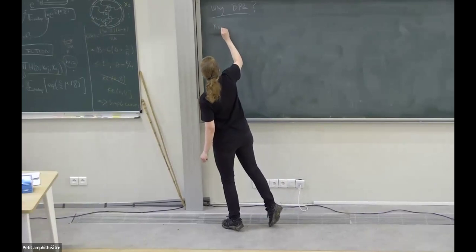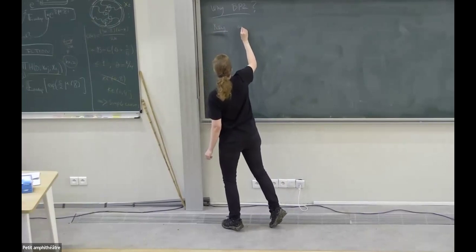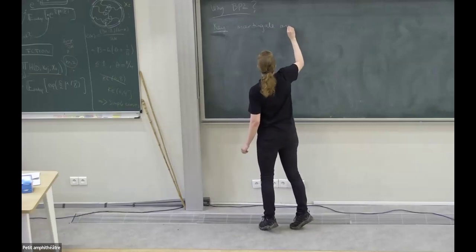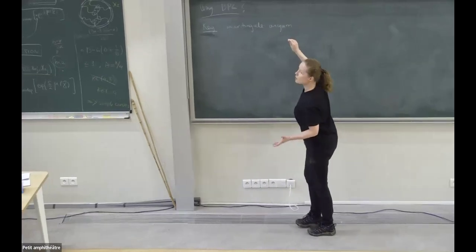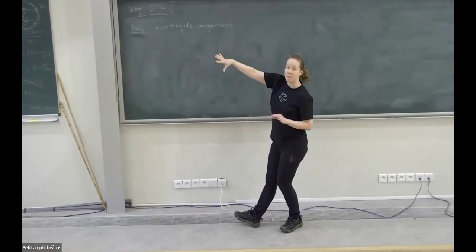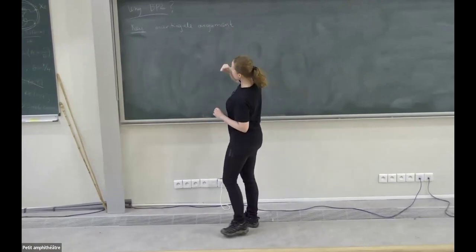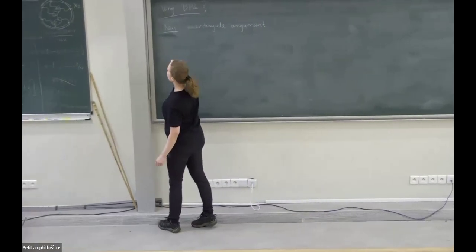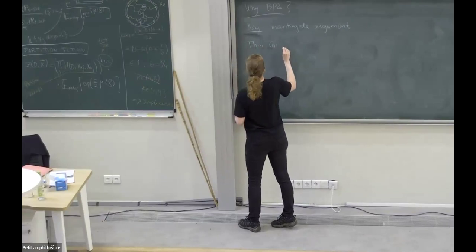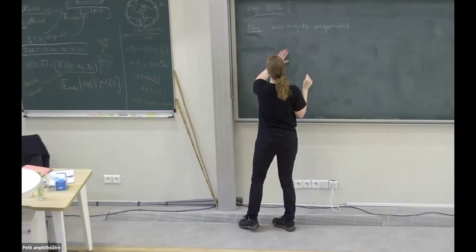So somehow the key is a martingale argument. And if you don't know what martingales are, don't worry. I will relate to that measure, okay? So there's some theorem by Girsanov. I'm not going to formulate it.